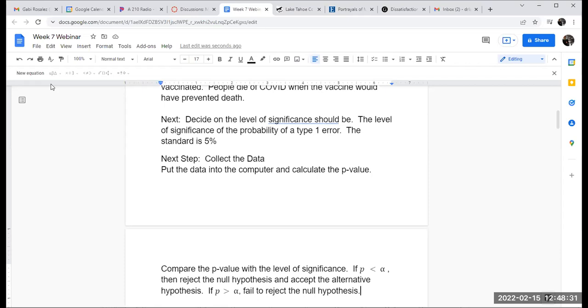Because if your sample size is too small, then you're not going to have very good data. So you have to decide if you think the sample size might be too small, and in the real world, you then redo the experiment with a much bigger sample size.